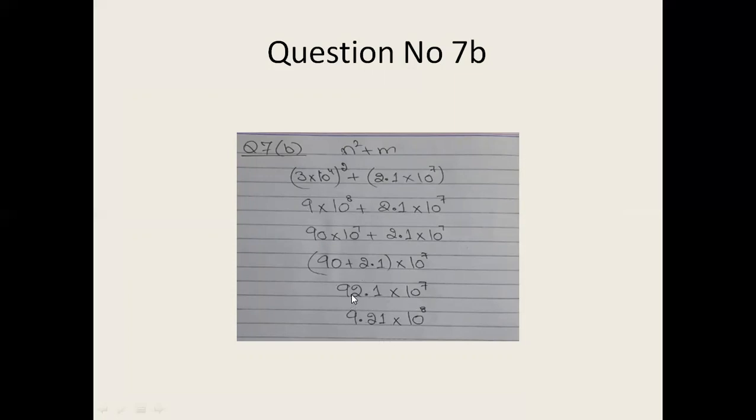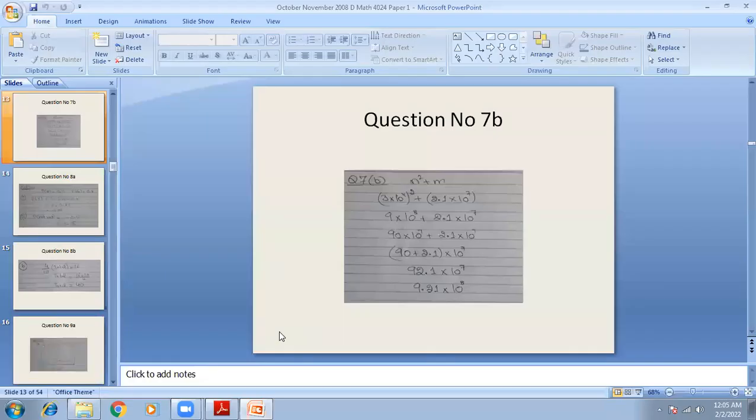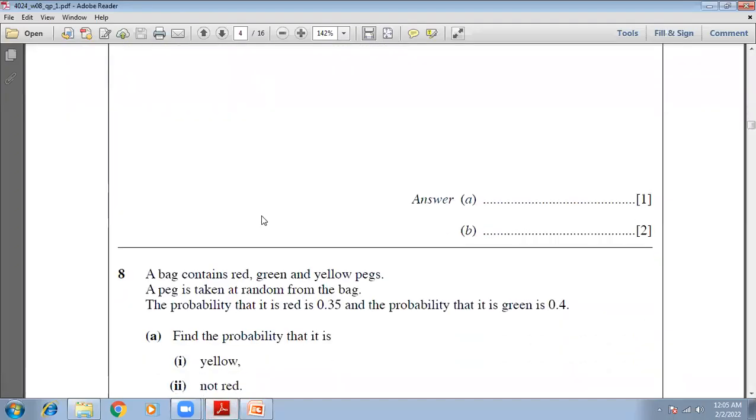So move this decimal 1 step to the left, and you will have 9.21 x 10 per 8. 9.21 x 10 per 8 will be my final answer. Okay, so this is how you do question number 7.